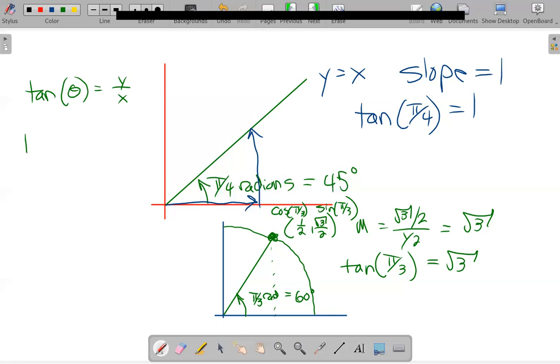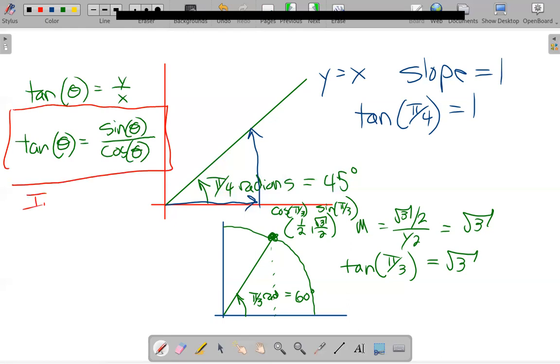So this is an important relationship here, that the tangent of an angle is also equal to the ratio of the sine of the angle divided by the cosine of the angle. This is a super important fact here.